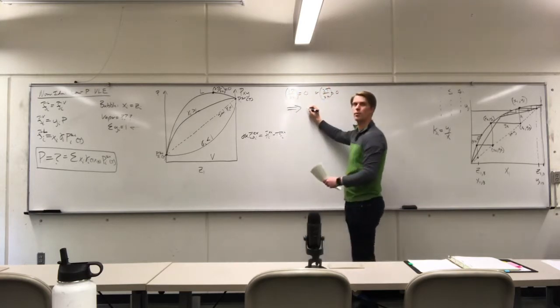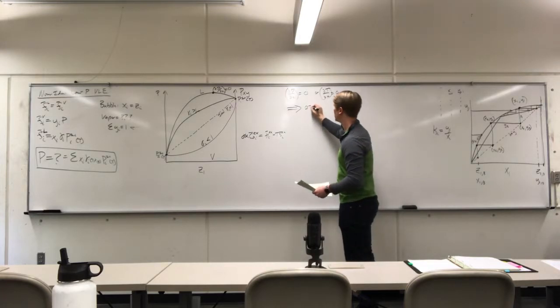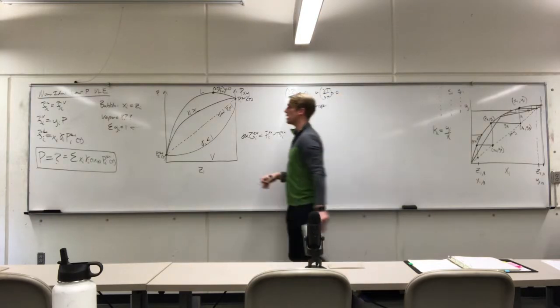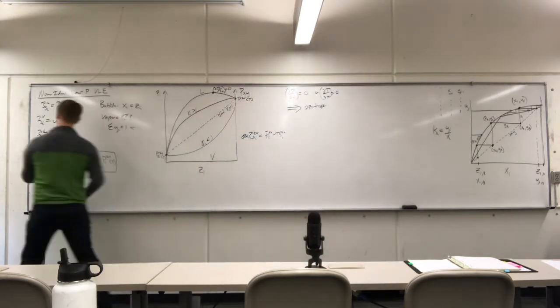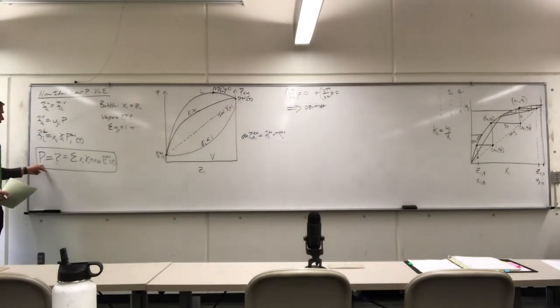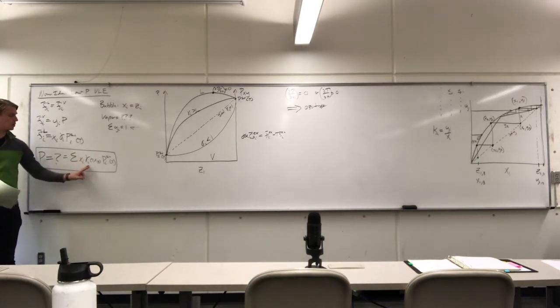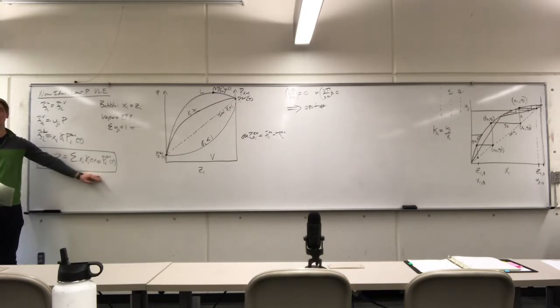When we have, maybe we want to guess, what do we have under the scenario here? This is an azeotrope. Now, I'm not going to go through the mathematics, but effectively, here's an equation for our pressure. If I take the partial derivative of my pressure with respect to the composition of everything in the system, the only simplification that I can make in this equation, what term is not a function of composition in this equation?